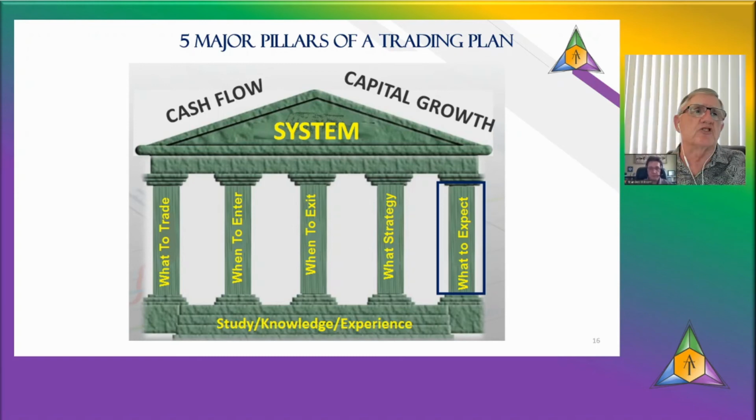There's 5 major pillars of a trading plan. And so if somebody doesn't, we talked about this in the beginning, if somebody doesn't have one of those pillars, then their system is going to come up short, potentially catastrophically. Yeah, without a doubt, because it's almost like having a 3-legged stool, but you only have two legs.